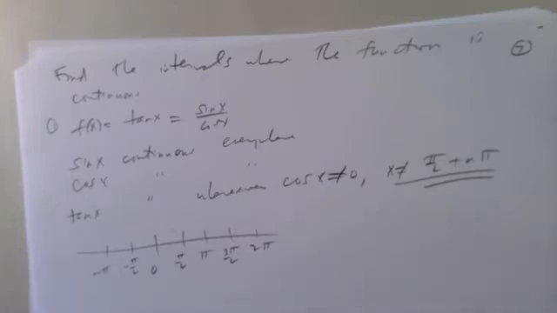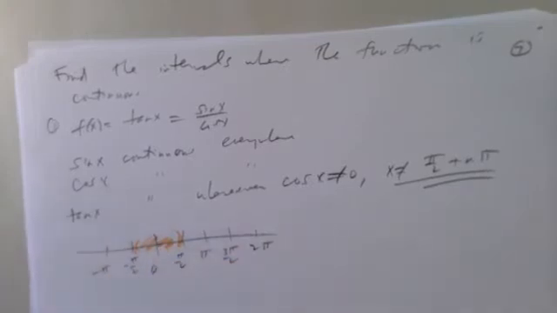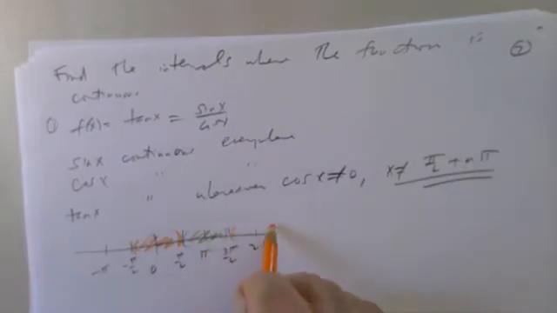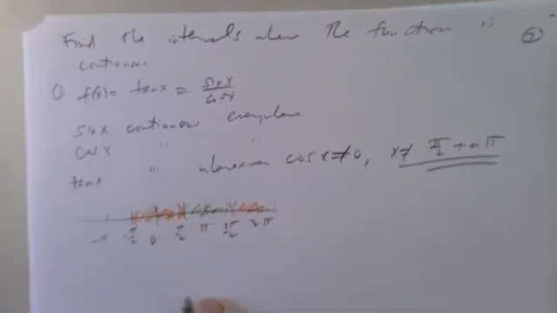This function is continuous on these open intervals, but not at the endpoints. So with pi over 2 plus any multiple of pi, this function is undefined and not continuous. But everywhere else, it is continuous.